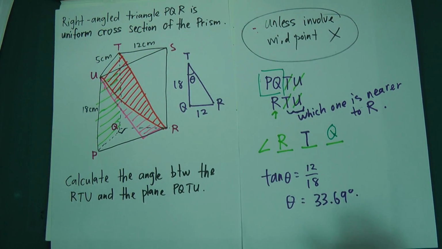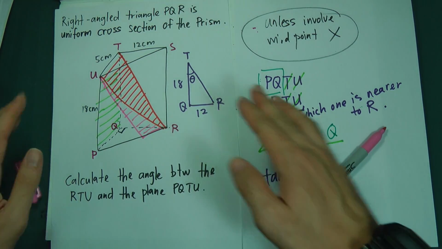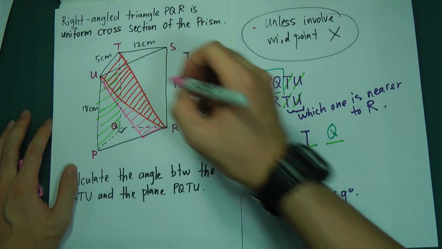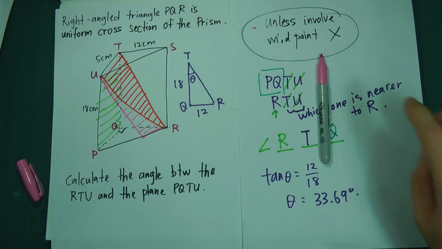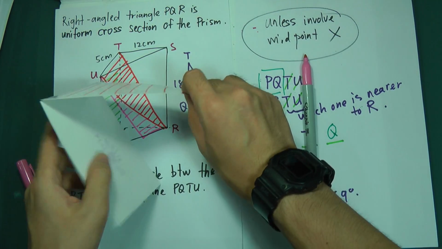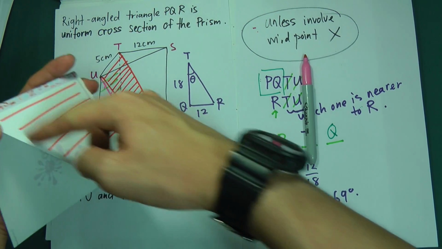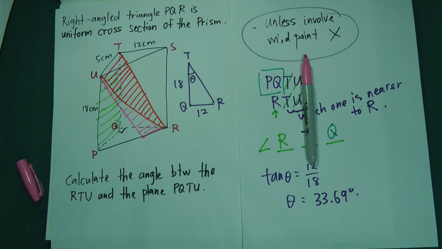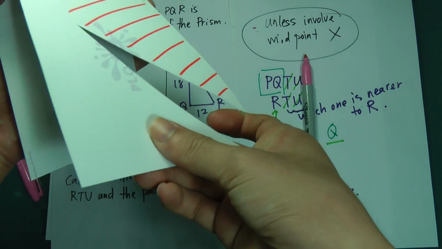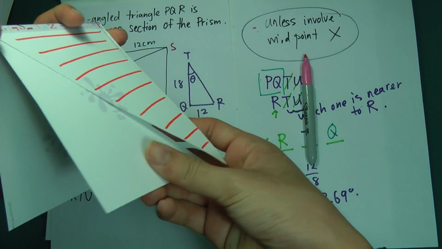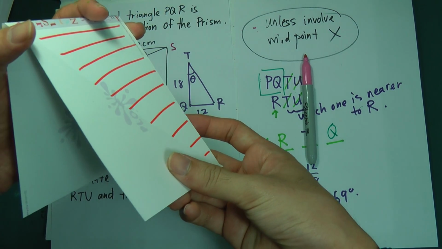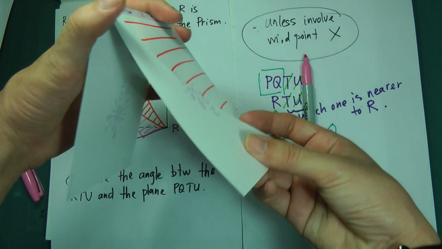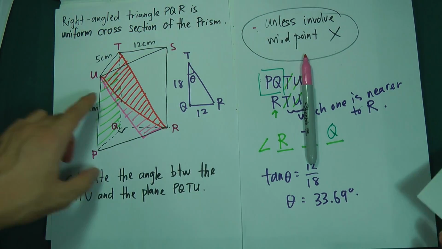Then it's very easy for me to see that the angle is in the middle of the two planes. I add another triangle plane to make it look like a rectangle plane. Then it's easy for me to see the angle on between.